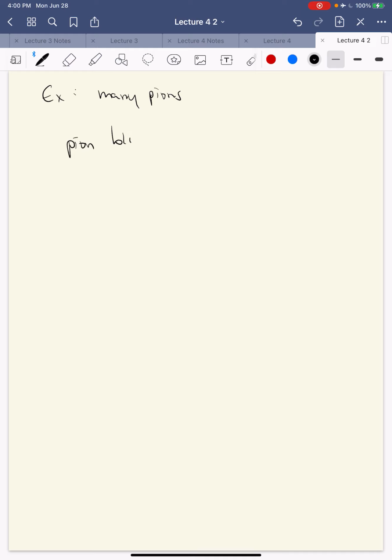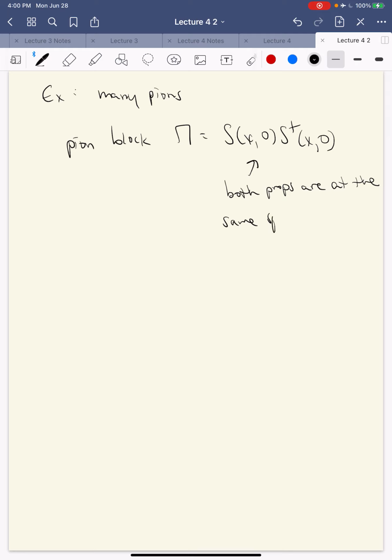So the first thing we're going to do is compose what's called a pion block. I'm going to call that block capital Pi. This is going to be the outer product of two light quark propagators, which go from the source at t equals 0 to the sink at x. And notice that both propagators are at the same space-time points, because these are different flavors.